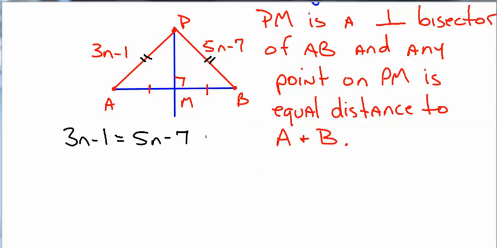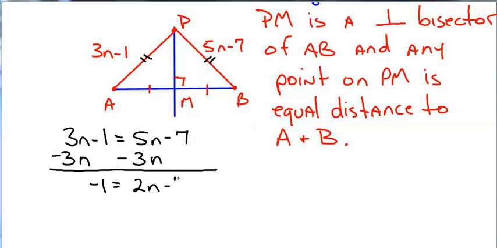So, first step, Carlos, to solve for n. Very good. Subtract 3n from each side. So, negative 1 equals 2n minus 7. What next, Jessica?